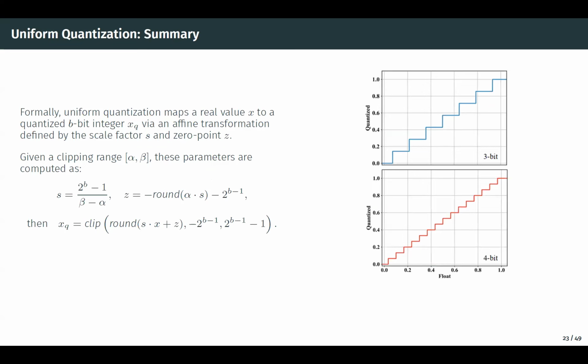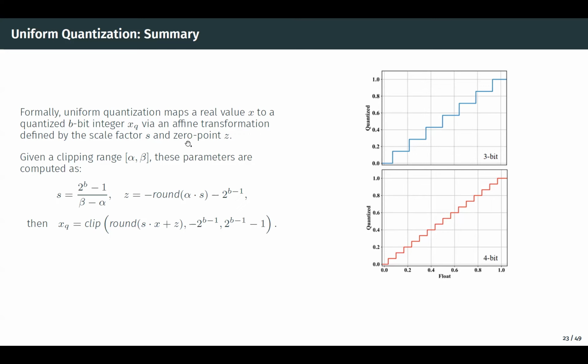So in summary, this is like a uniform quantization. It's basically to map a real value X to a quantized B-bit integer via an affine transformation defined by the scaling factor S and the zero point Z. And this is the formulation.